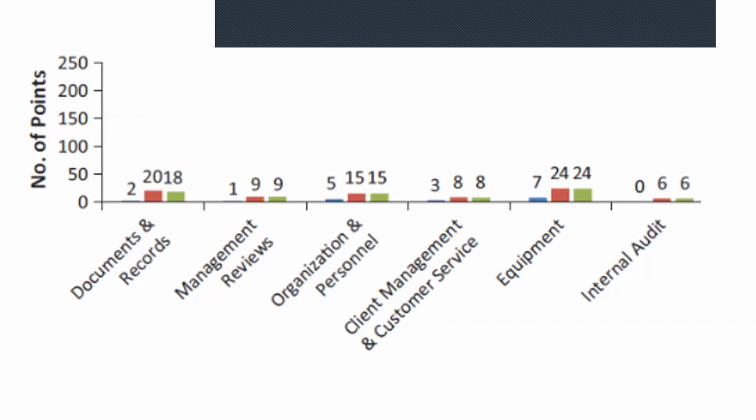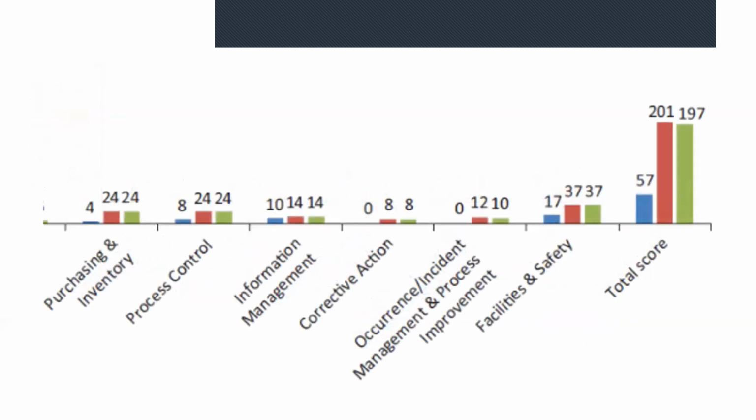Then the other thing that they also put a lot of emphasis on was improving their turnaround time for results. Okay, so that would be, again, process control. Here in process control, you want to have a turnaround time.